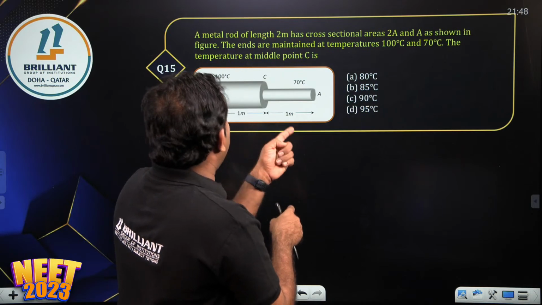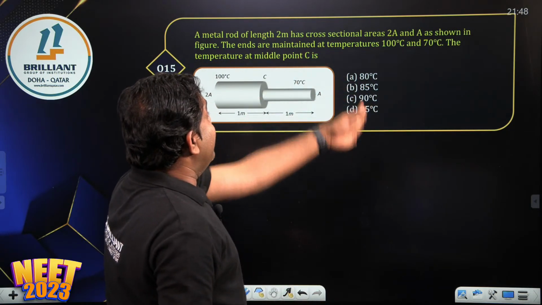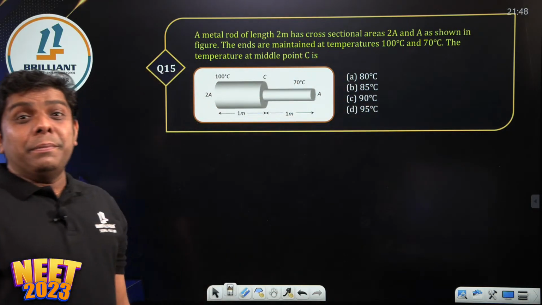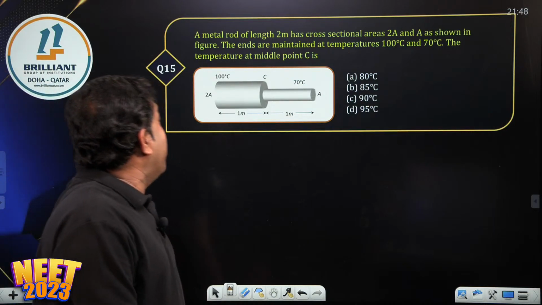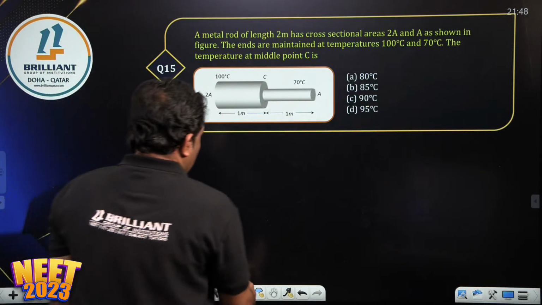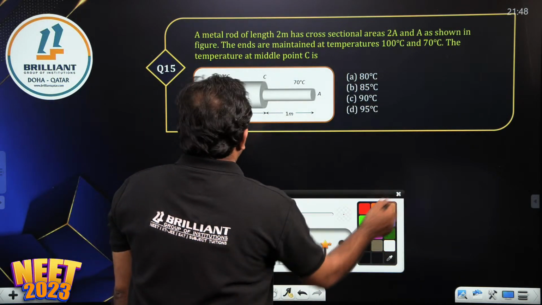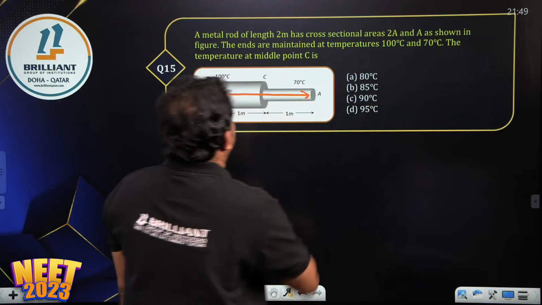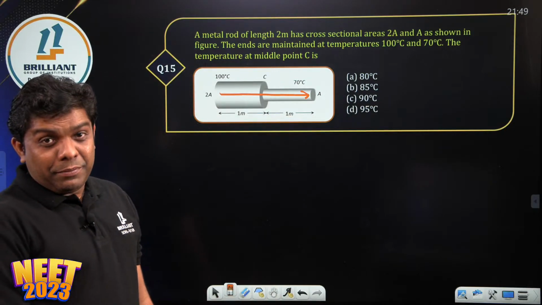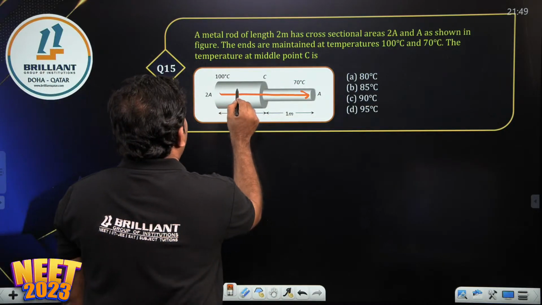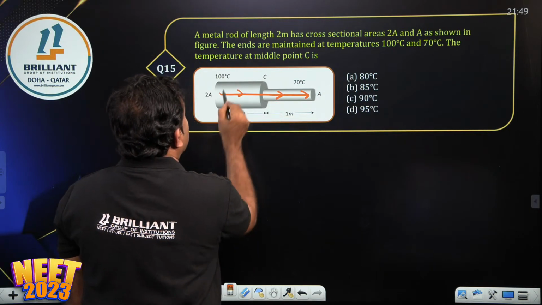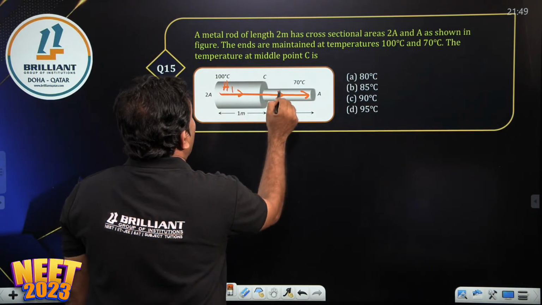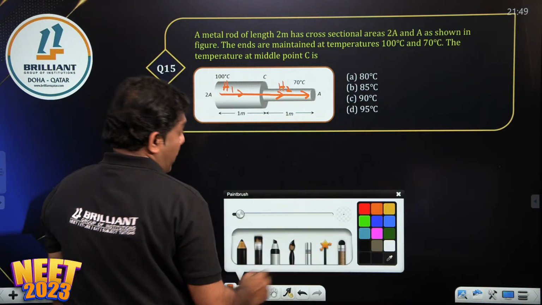The ends are maintained at temperatures 100 degrees and 70 degrees. Find the temperature at the midpoint of the wire. Heat flows from this one to this, like this. There is a heat current flowing, and the heat current flowing in this one and in this one are the same. So I can say H1 and H2 are equal.